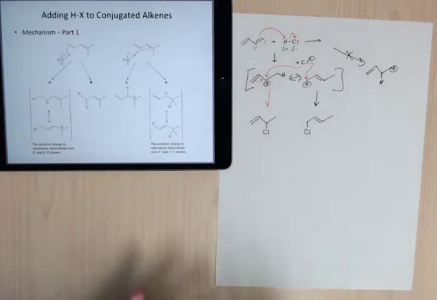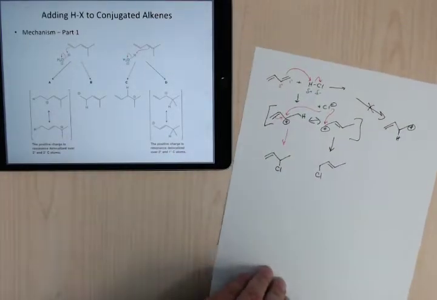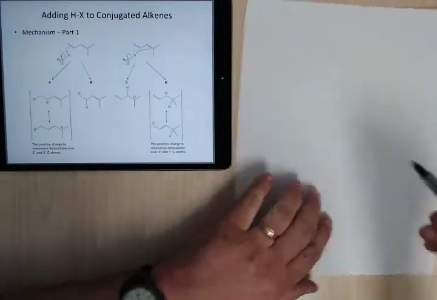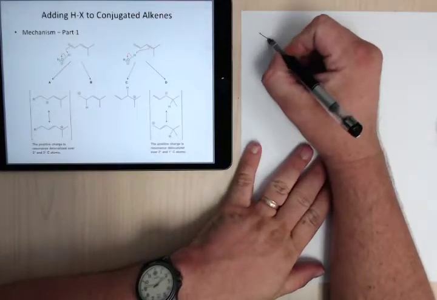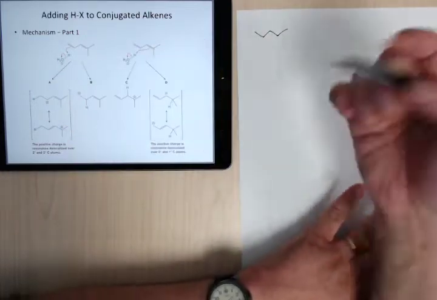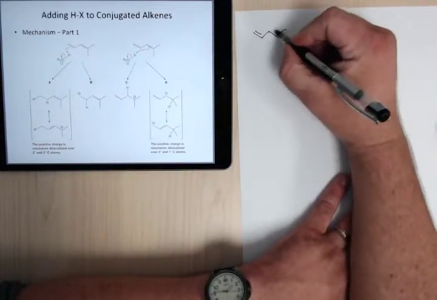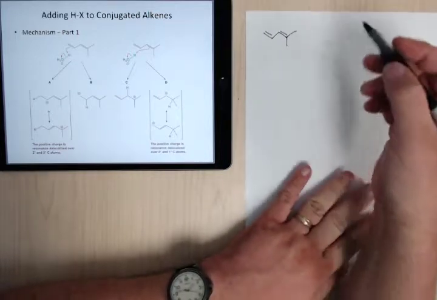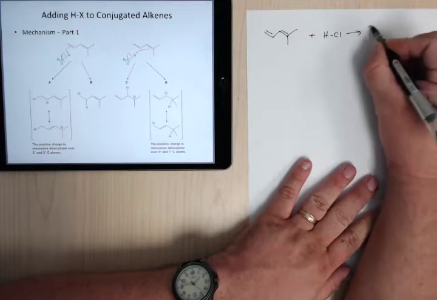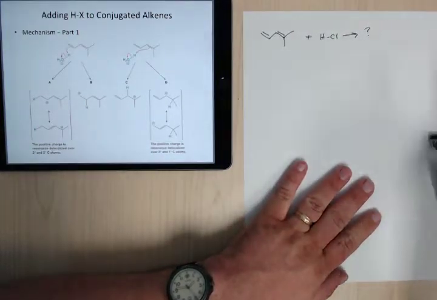Okay, so how do we do this? This works the same way each time. So this is adding one. Let's do HCl because that's a little bit easier to see. So, choose a double bond.